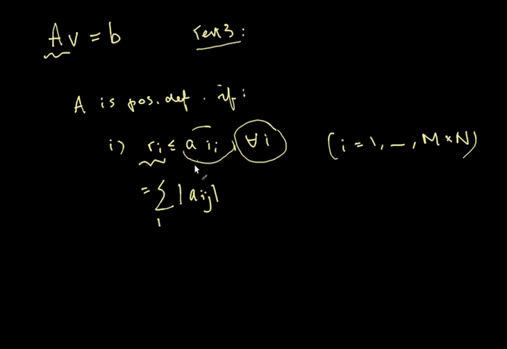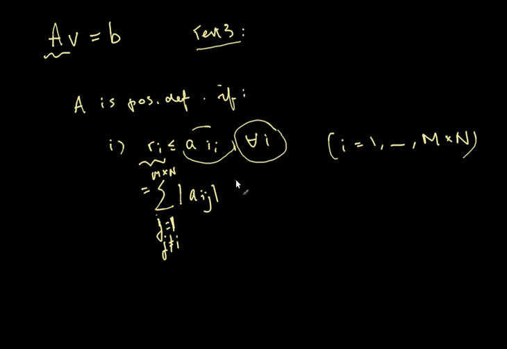the diagonal element, which is precisely that element where j is equal to i. So j must be different from i.